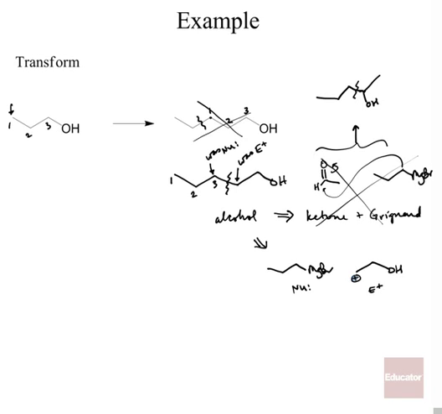What electrophile have we seen before that the Grignard could be adding to? Well, how about if we add this lone pair back in, what electrophile would you end up with? How about an epoxide? Have we ever seen an epoxide as an electrophile?